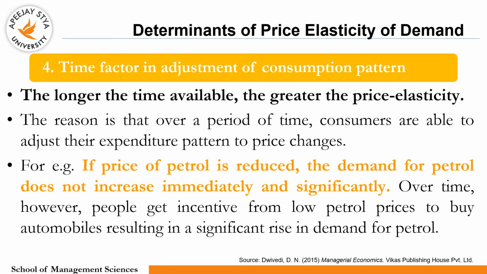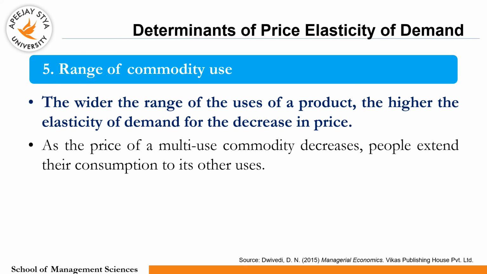demand for petrol. The other determinant of price elasticity of demand is the range of commodity use. The wider the range of the uses of a product, the higher the elasticity of demand for the decrease in price. As the price of a multi use commodity decreases, people extend their consumption to its other uses.